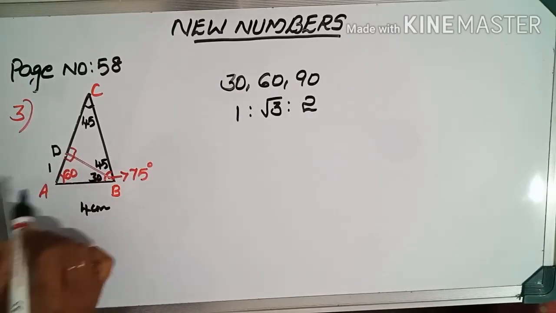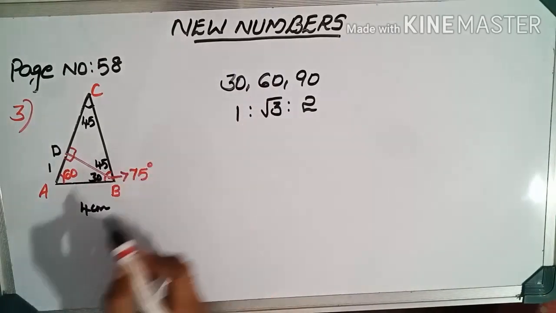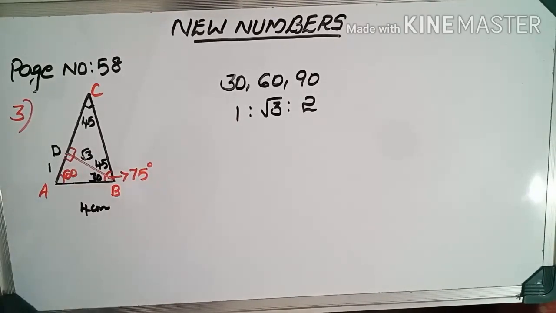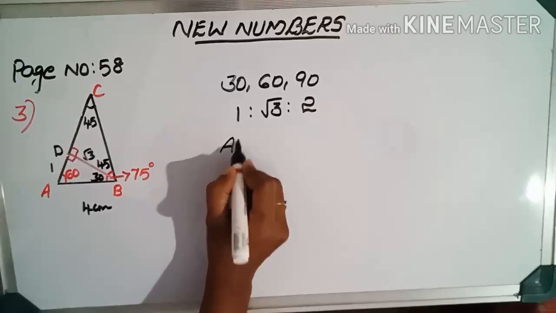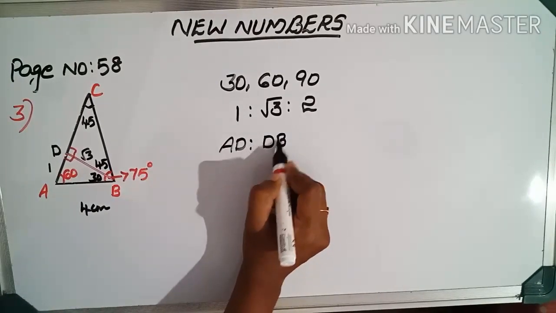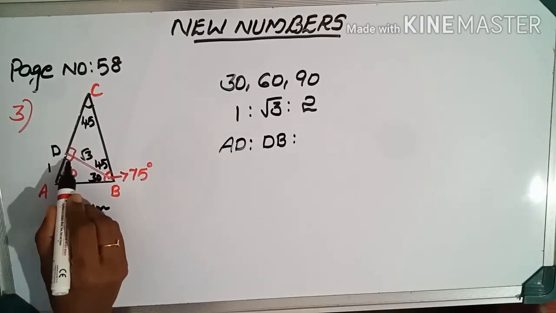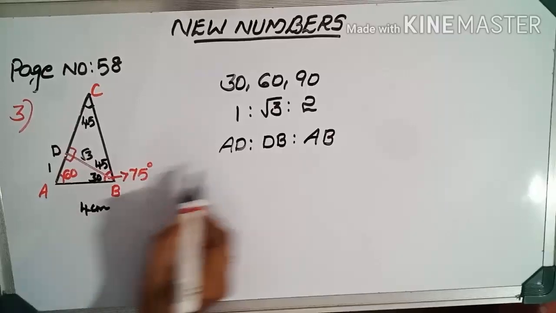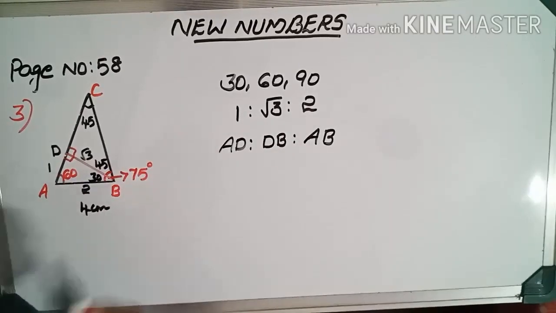This is the side ratio. Now opposite 60 is root 3, so this portion will be root 3. So AD is to DB is to AB, the side opposite 90, is 1 is to root 3 is to 2.